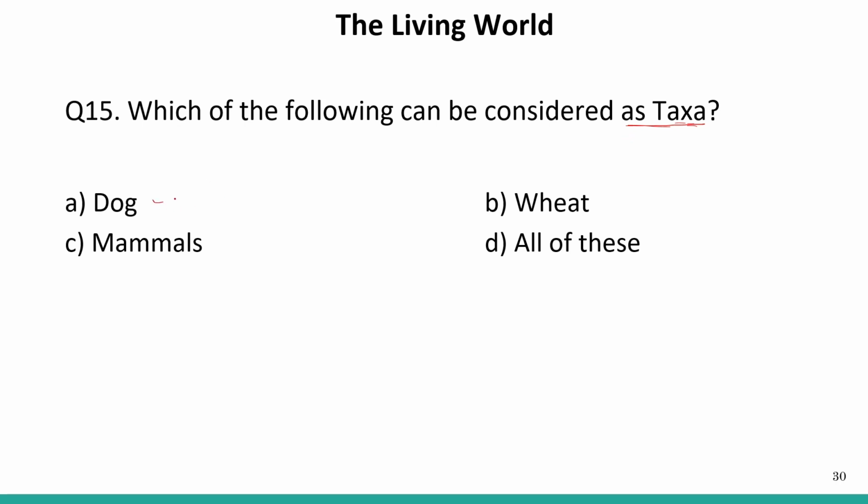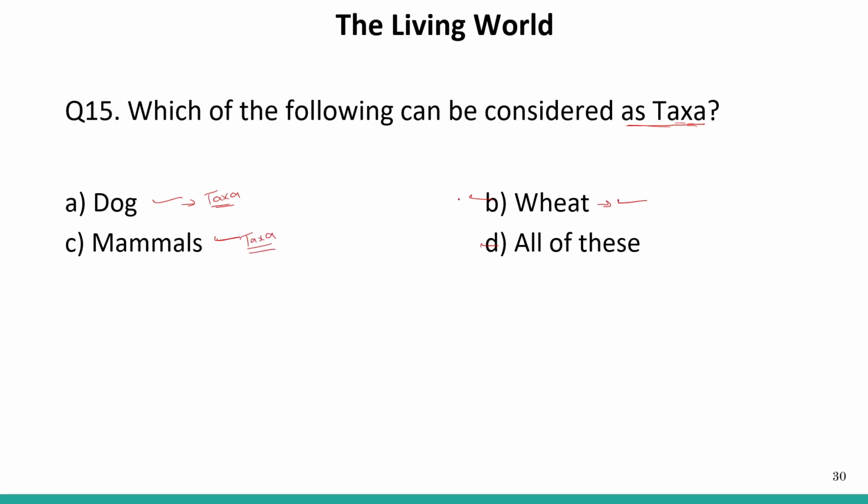Options are dog, wheat, mammals, or all of these. So dog, is it a taxa? Yes, it is a taxa. Wheat is also a taxa. Mammals is also a taxa.